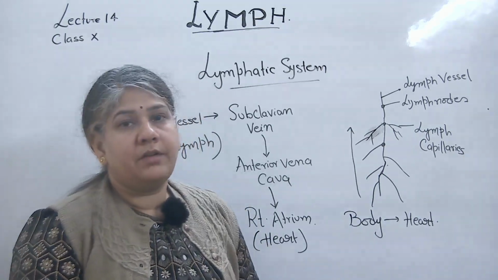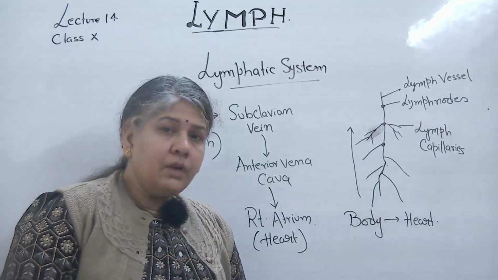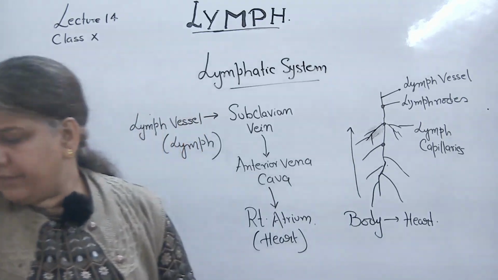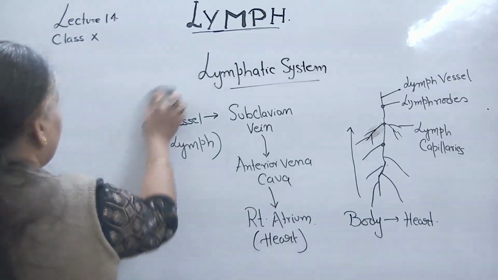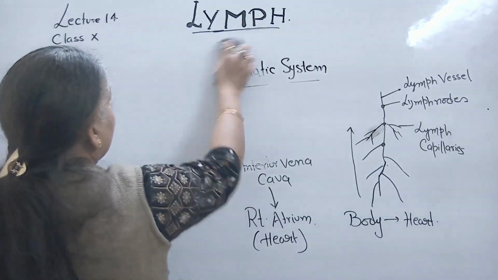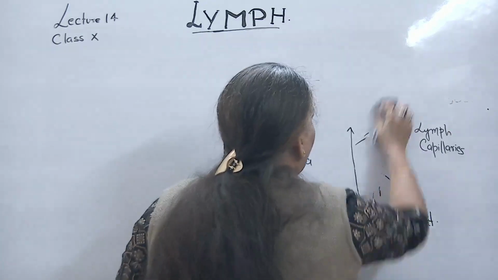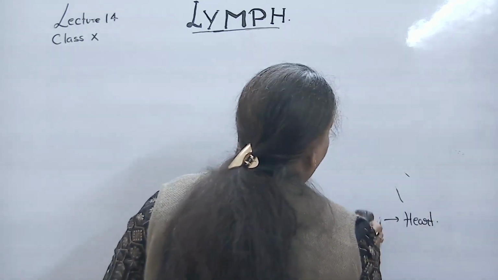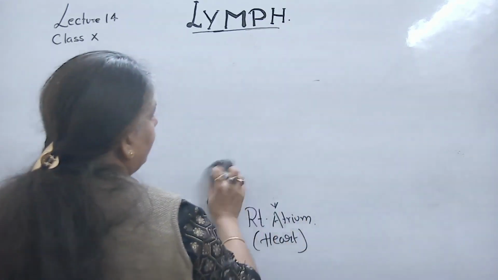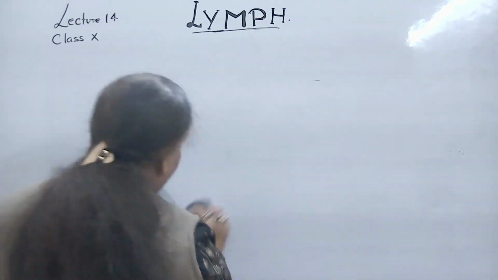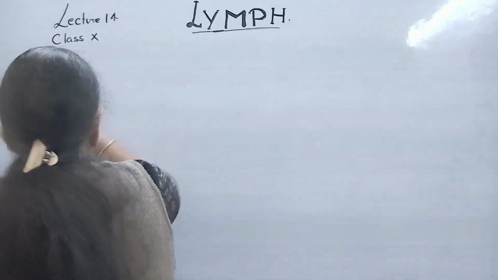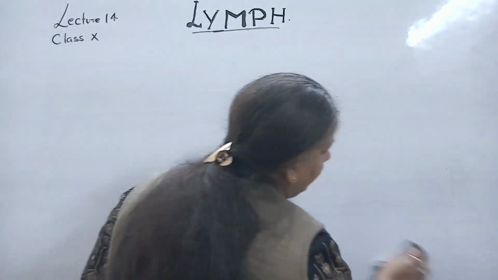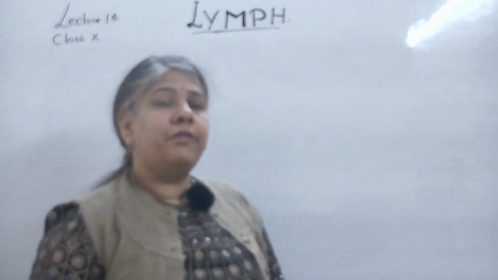Now we must understand the different functions that are performed. It performs various functions: nutritive, drainage, then cleaning action by lymphocytes, and one more important function, that is absorption of fats.